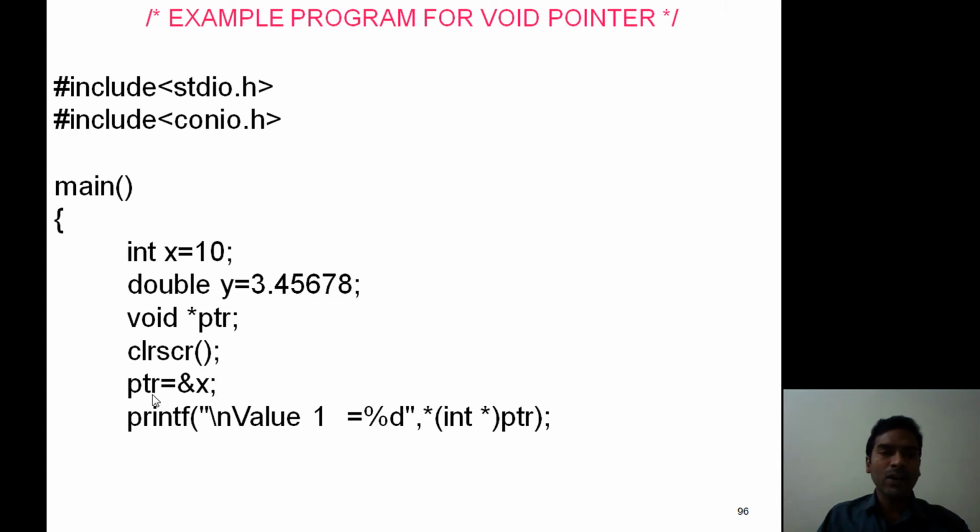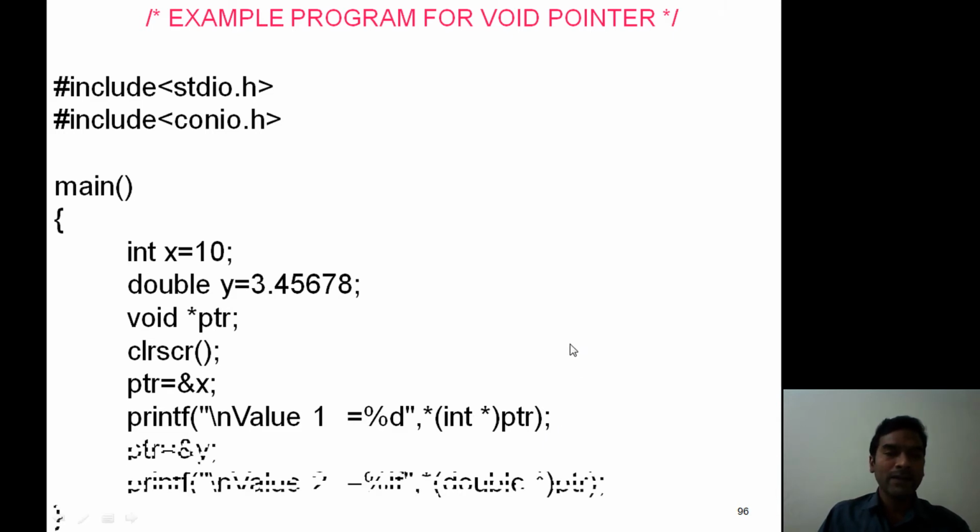Here ptr holds address of x. Hence now the value of x can be accessed with the help of ptr. Now we are printing value of x with the help of ptr. For this, we must perform typecasting. Hence we place it as asterisk of. Now the typecasting is int asterisk. Now the variable name ptr.